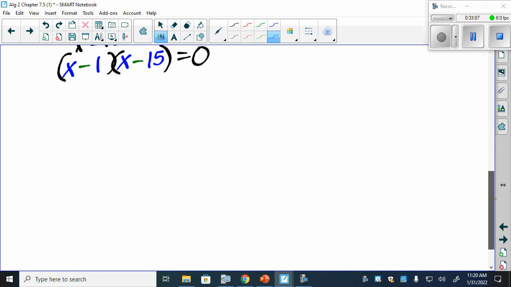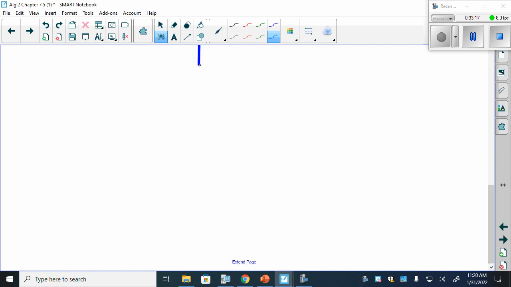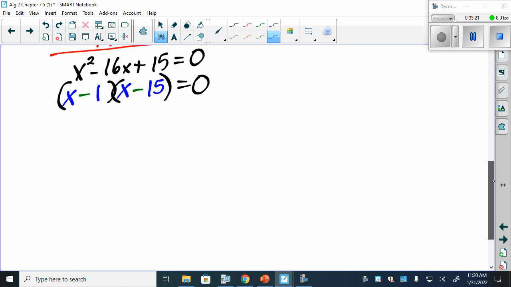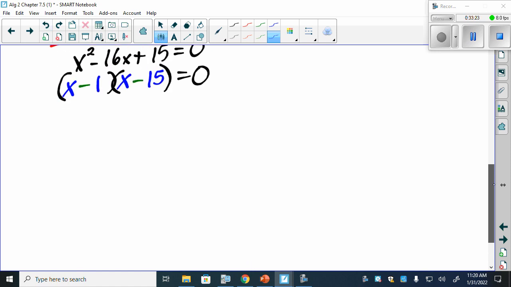Now at this point here, I do have two things multiplied together that equal 0. What is the only number that I can multiply another number by and get 0? There's only one. 0. So if I have two things multiplied together equals 0, it means one of them has to be 0.